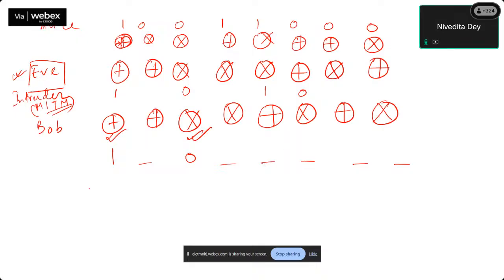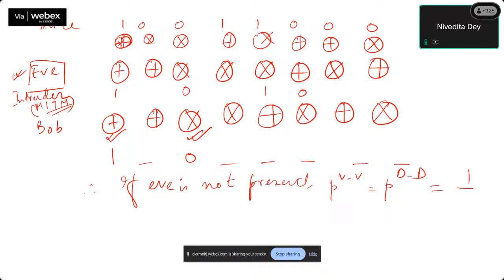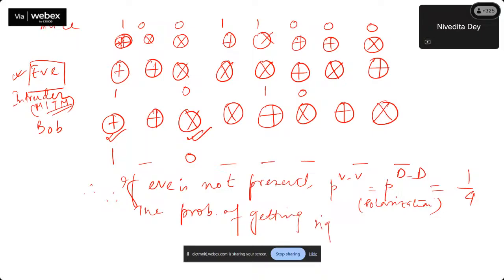Okay, so we can understand one thing: if Eve is not present, then the probability of vertical-vertical or diagonal-diagonal, this is horizontal, is 1 by 4, these are the polarization chances. Therefore the probability of getting it right is half, that is 50% of the time.